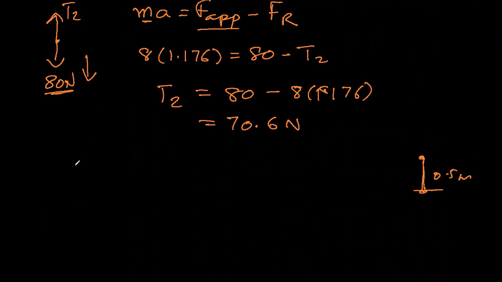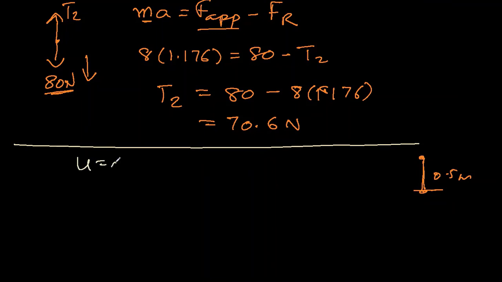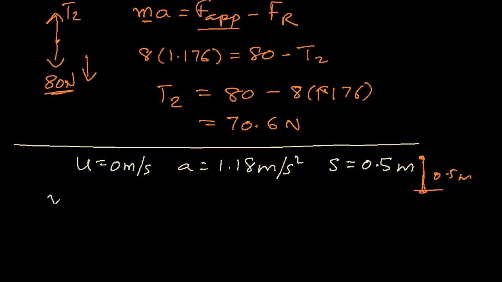Because it started from rest, u is 0 meters per second, acceleration is 1.18 meters per second square, and the distance they moved was 0.5 meters. So we can use v square equals u square plus 2as, the kinematic formula.